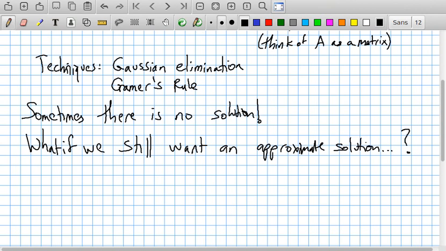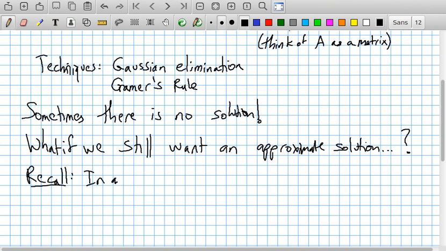Then what do we do? Well, we're in an inner product space, and essentially what we'd like to know is how close can we get. So let's recall some things.